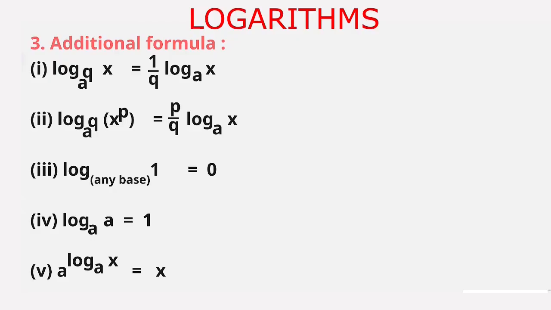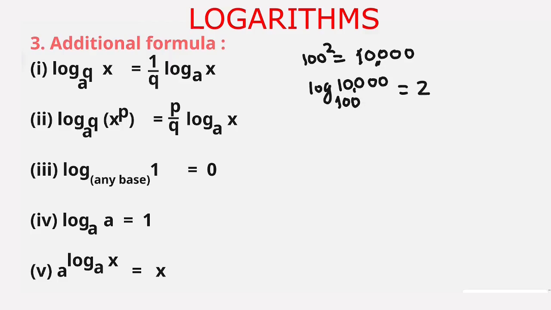Now we will prove all these formula from examples. 100 to the power 2 equal to 10,000. This gives log 10,000 base 100 equal to 2 from the definition of logarithm.